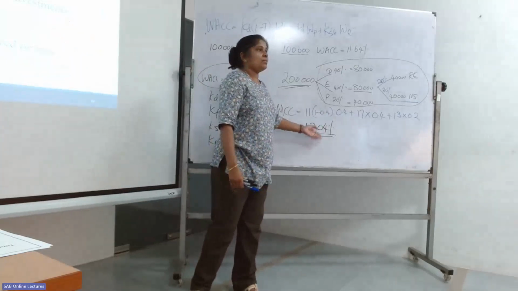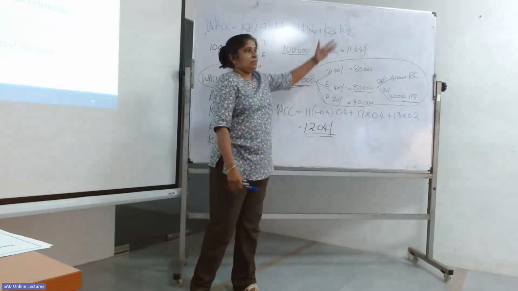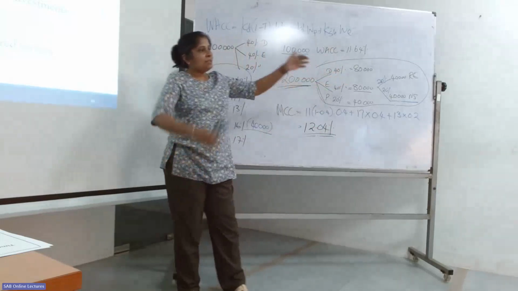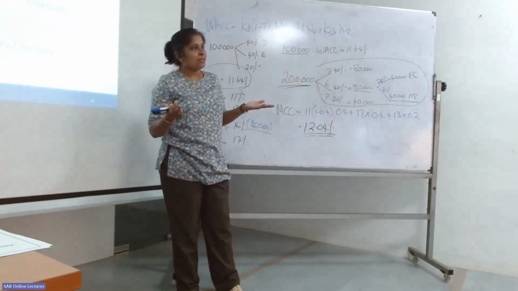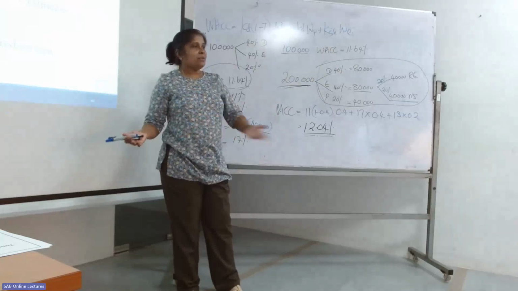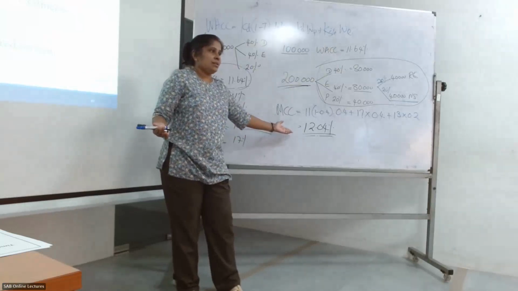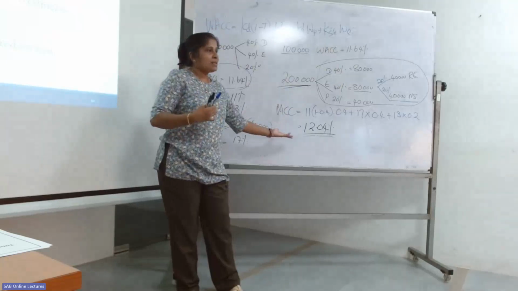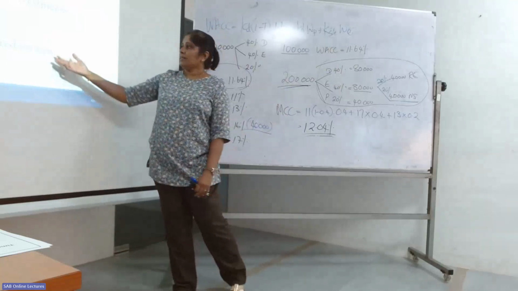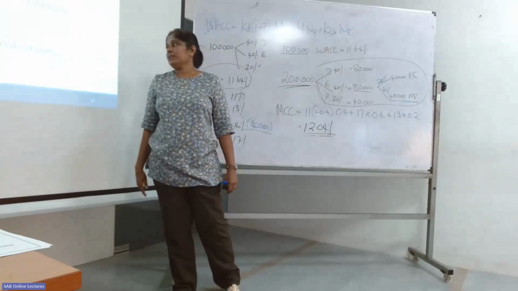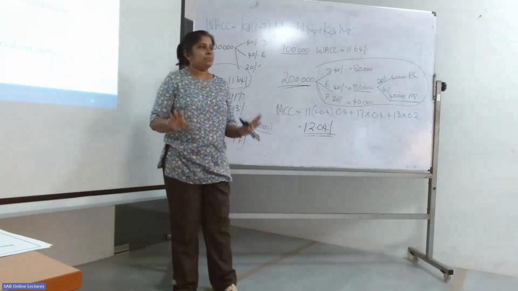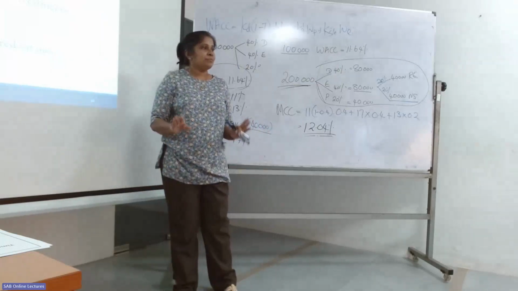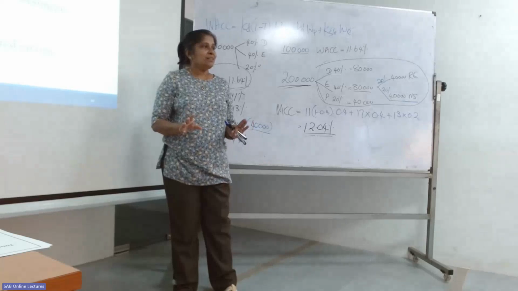From the investor's perspective, it is the return required by them. From the company's perspective, it is our cost. And it is the minimum required rate of return on new investment. Minimum means minimum.